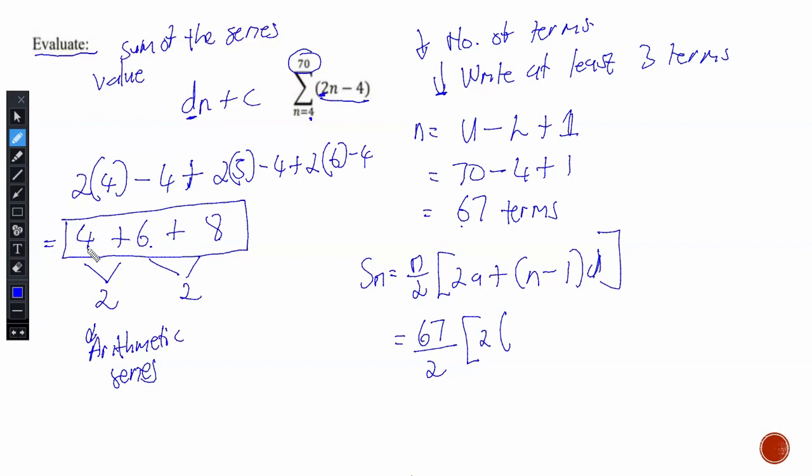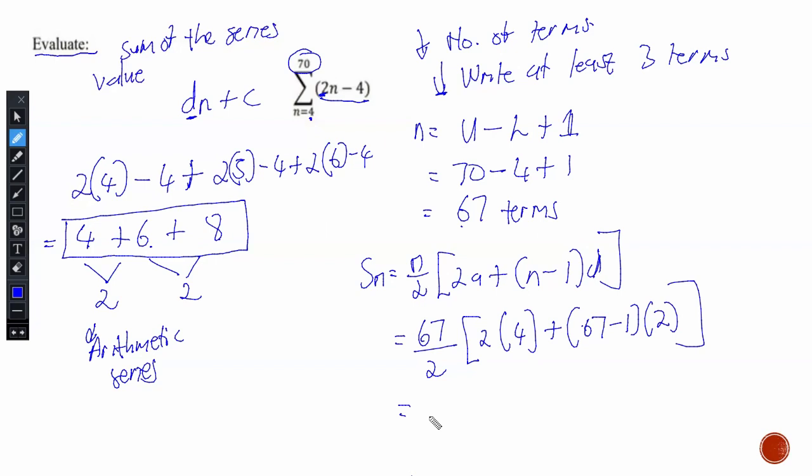So you see the importance of expanding at least to 3 terms: we are able to see our a value and our d value. Then this is 4 plus 67 minus 1, and then multiplied by 2.